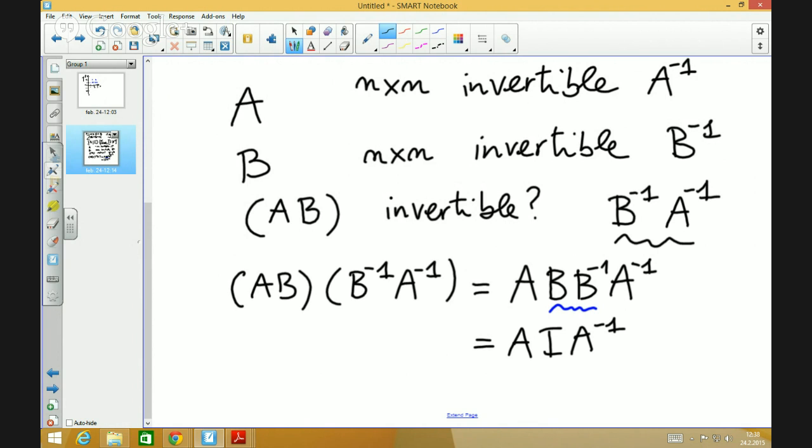Now this has become A, I, A minus 1. But what is A times the identity? It's just A, because that's what the identity does for you. It's like 1 in multiplication. Anything multiplied by the identity of the appropriate size will just give back A. And now what is it that we have? We have again the identity because A to the minus 1 is the inverse of A.